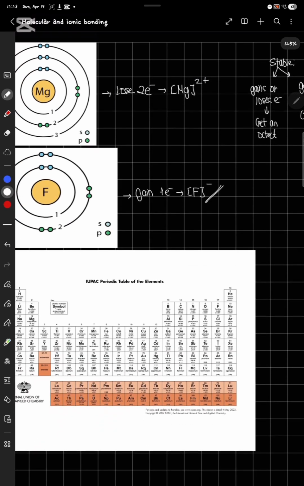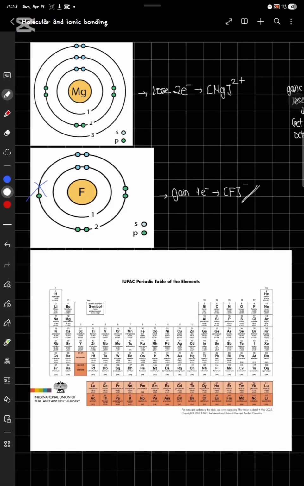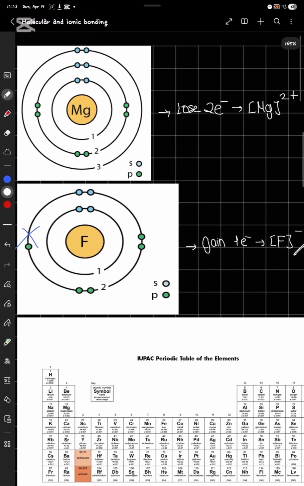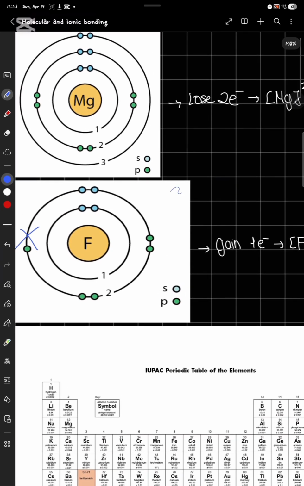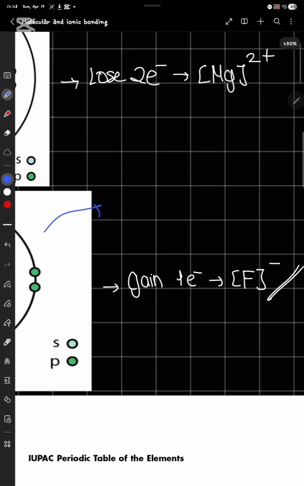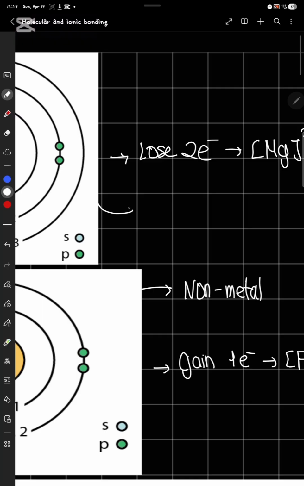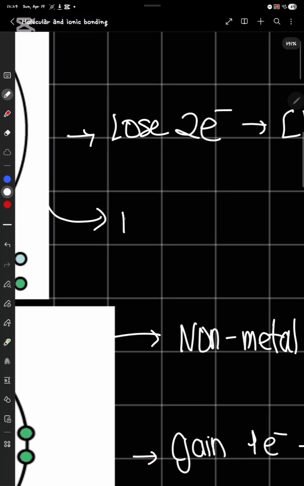Okay, so what differentiates these two examples? What is the difference? Well, the difference is simply that fluorine is a nonmetal, and magnesium is a metal.